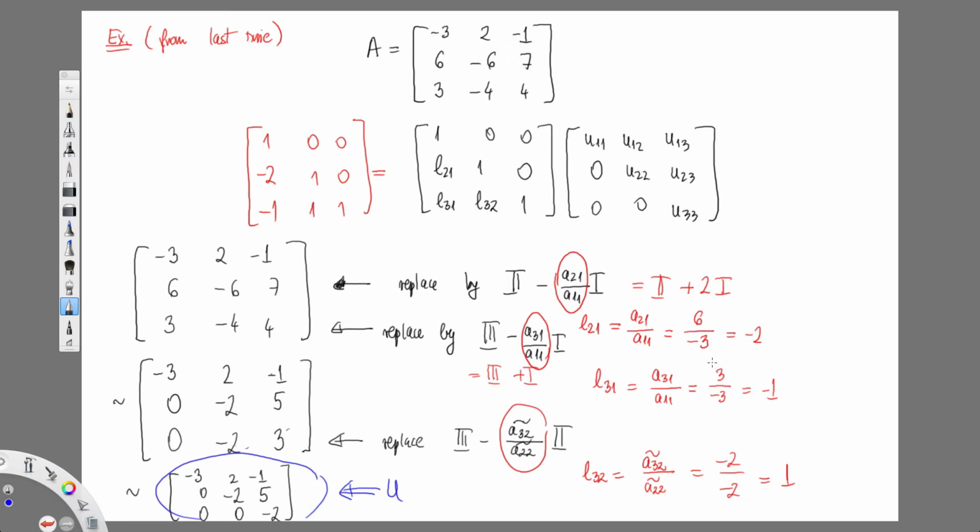L21 is actually very easy to see directly here, just by multiplying these two matrices and seeing what's there in A. But not everything necessarily is, because you do these transformations. For those transformations, just follow what you did right here. Minus one. Just be consistent. You got it? All right.